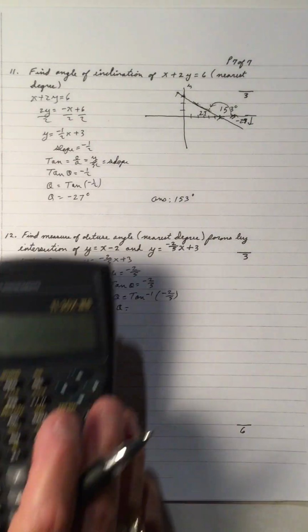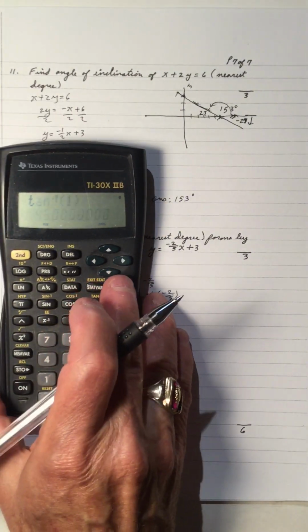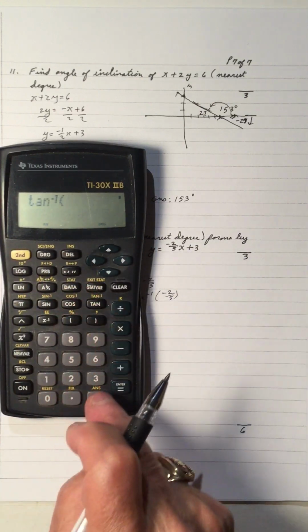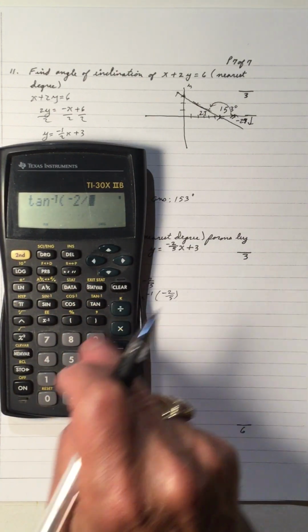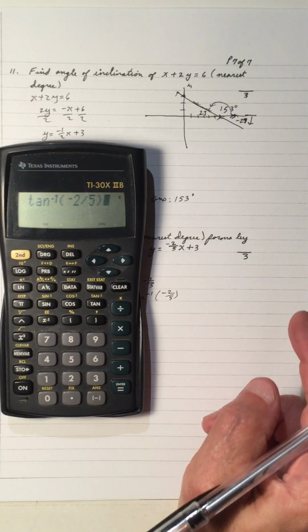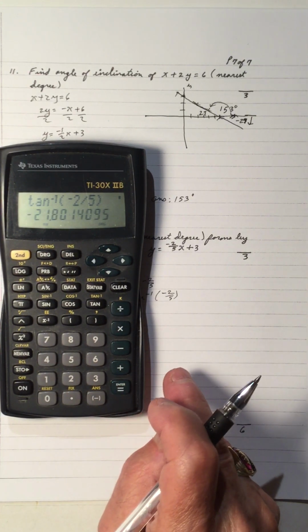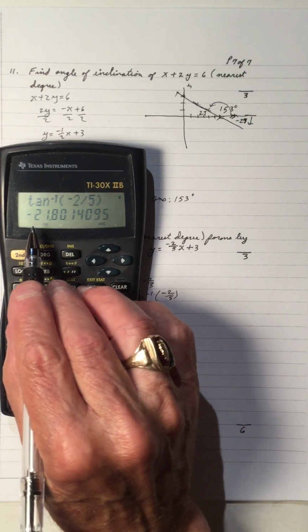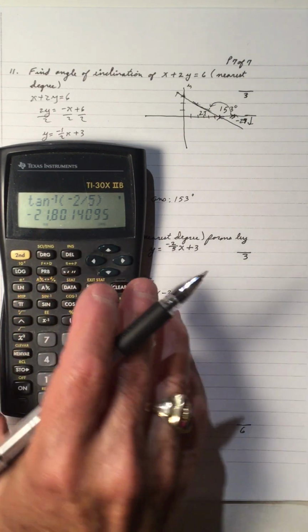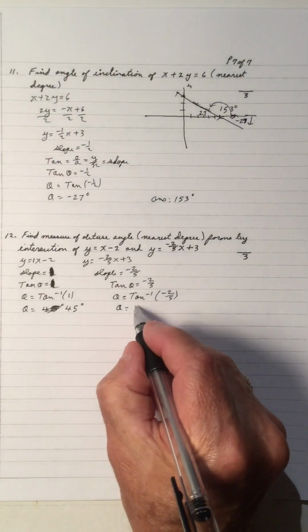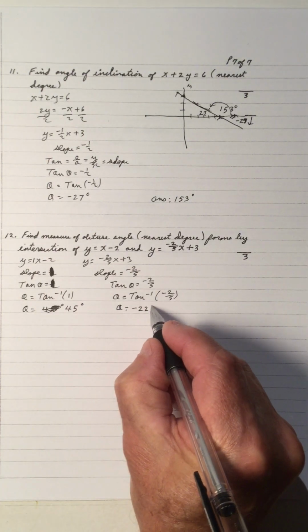Clear that. Inverse tan of negative 2 divided by 5, which is negative 0.4, will give us roughly, to the nearest degree, negative 22.